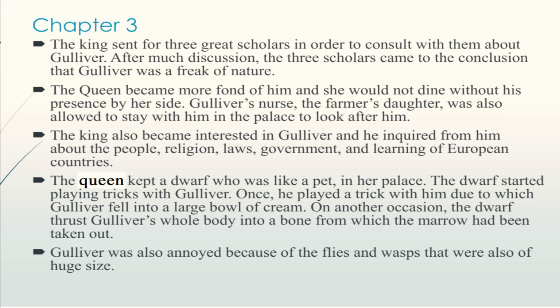Once he played a trick due to which Gulliver fell into a large bowl of cream. On another occasion, the dwarf thrust Gulliver's whole body into a bone from which the marrow had been taken out. Gulliver was also annoyed because of the flies and wasps that were also of huge size.